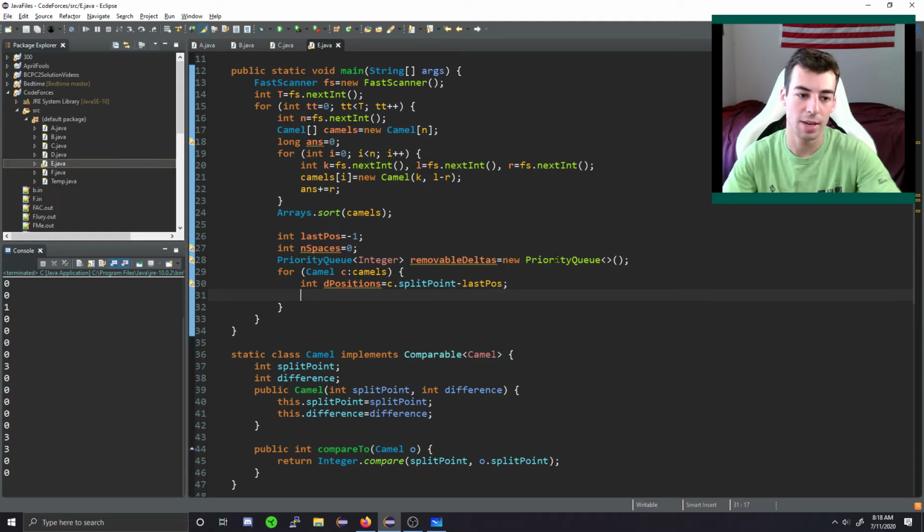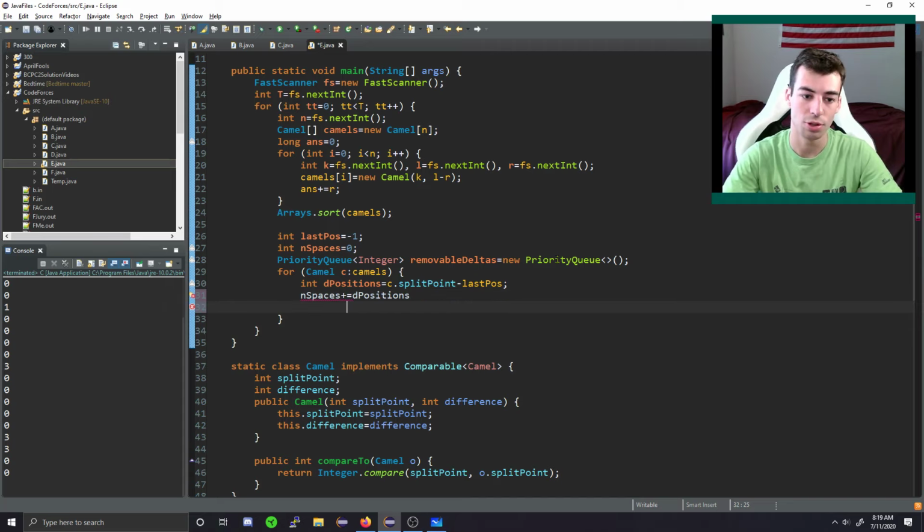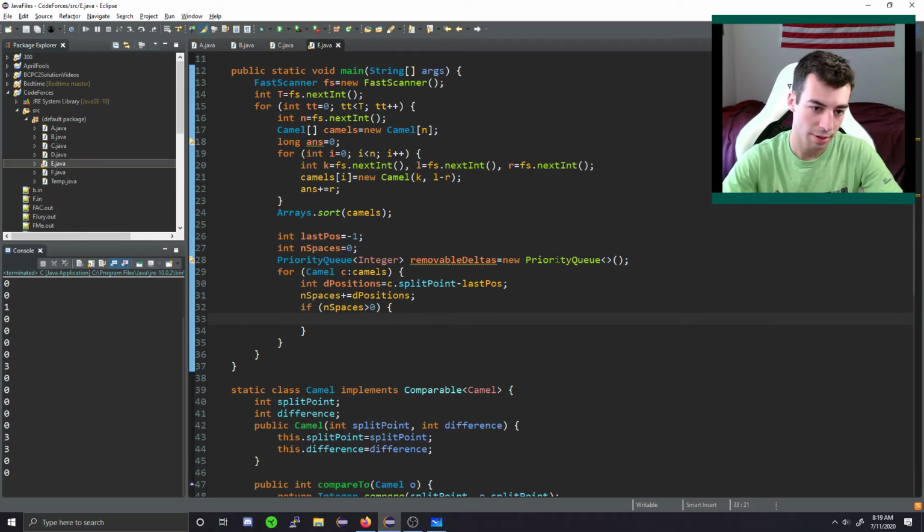So now when we have a camel, we can add a bunch of spaces. Plus equals 2 positions. So now we have all of these extra positions left over. So now if n spaces is greater than 0, then we'll just add this camel anyway.